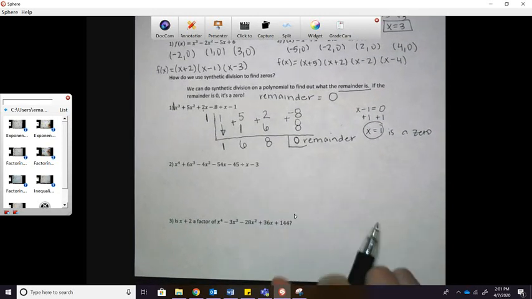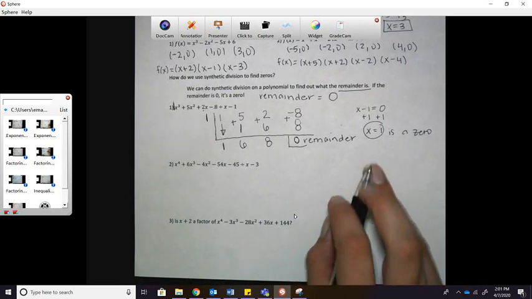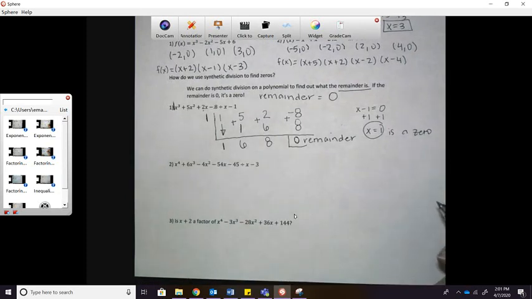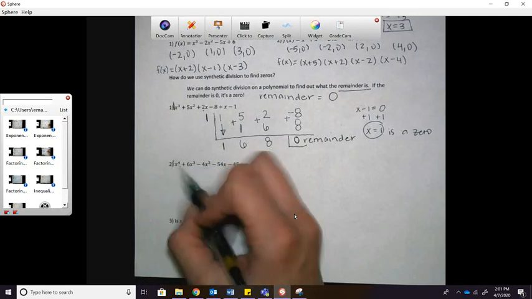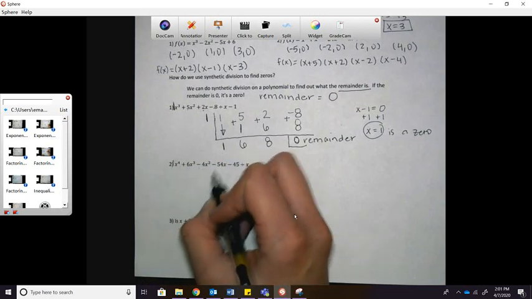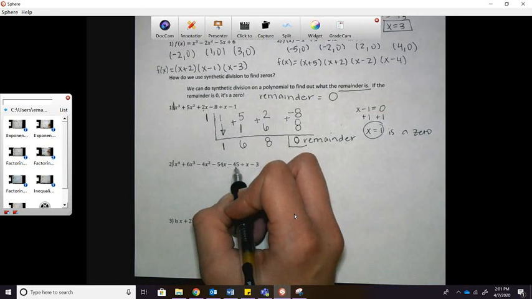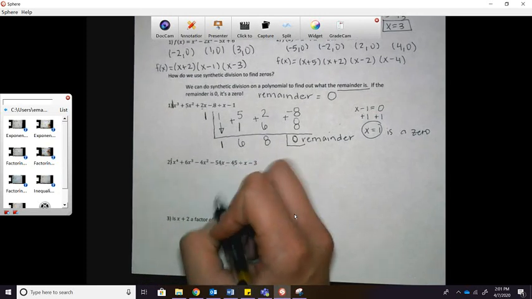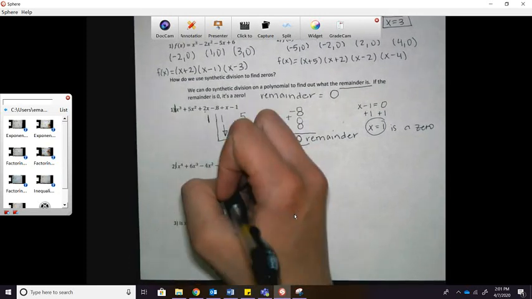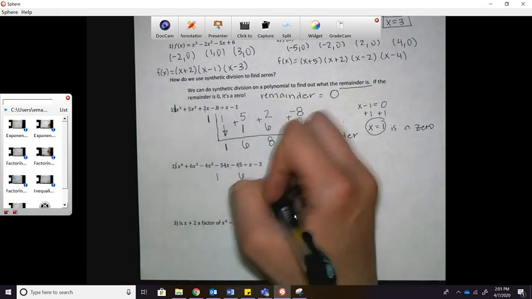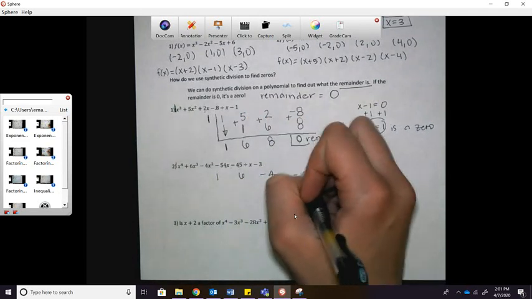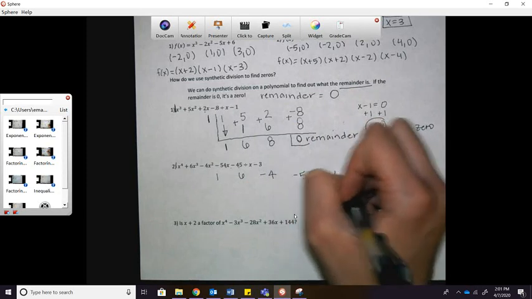Okay, let's try this again. I'm going to make sure I line up my coefficients. So I have a 1, 6, a negative 4, a negative 54, and a negative 45. Make sure if you have negatives, you are bringing them down to your synthetic division problem. So negative 4, negative 54, and negative 45.